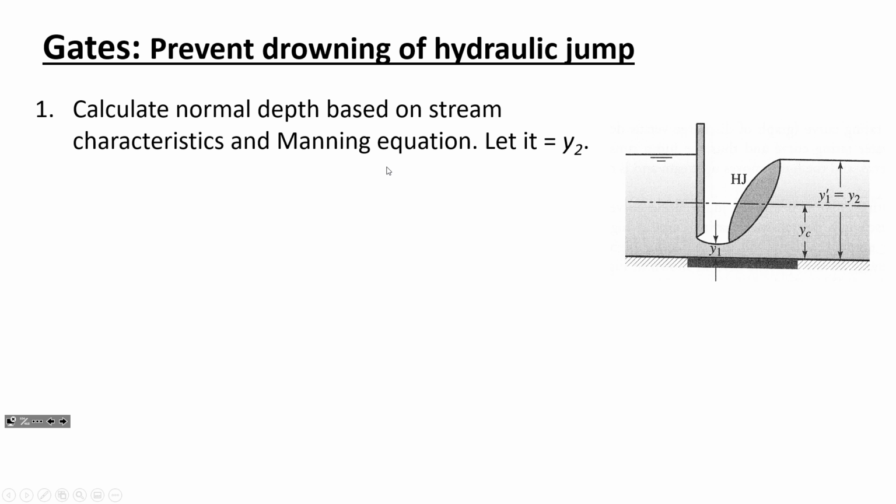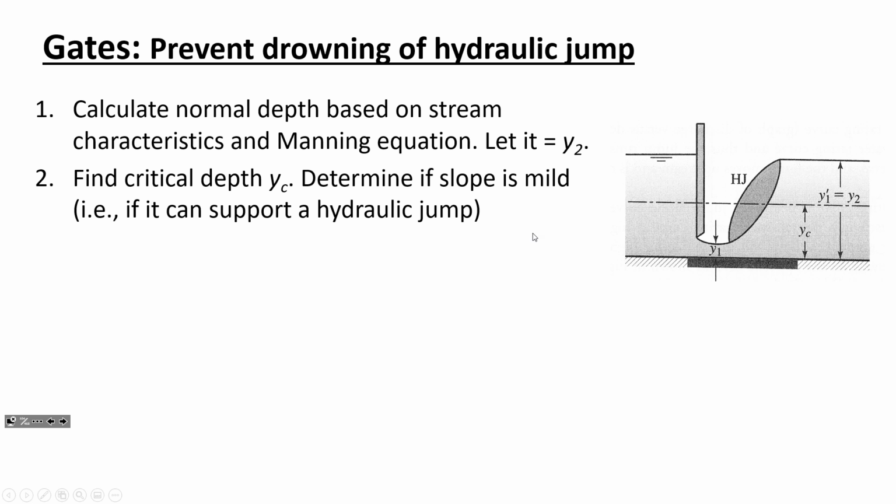So to prevent drowning of the hydraulic jump, what we would do is find out for the channel that's downstream, what's the normal depth? Just based on the Manning's equation, which reflects the slope, the roughness of the channel, and the flow rate, you could find the normal depth and select how high you can open up the gate. The critical depth downstream would be the assessment of whether you can even support a hydraulic jump or whether conditions are going to stay supercritical after the underflow gate.